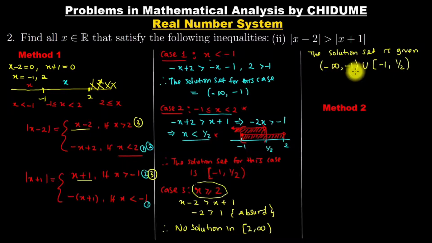You see that it is open at this end and it's also closed at this end. So that means we can actually match them together. So we have -infinity, 1/2. It is open at this end and also open at this end. So this is the solution set.